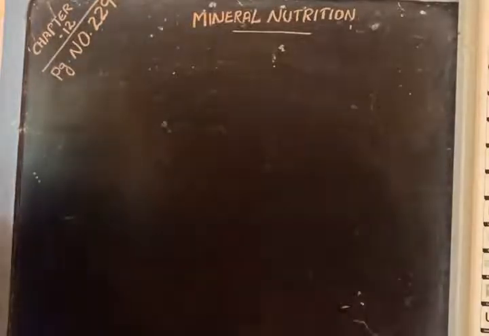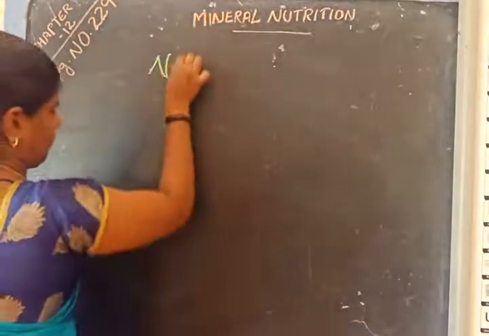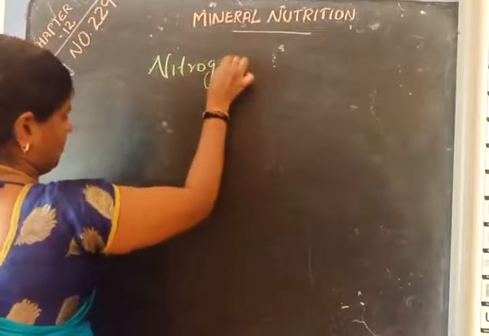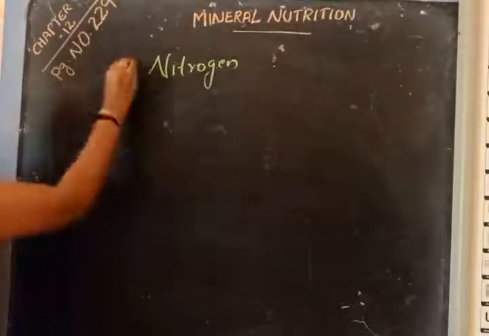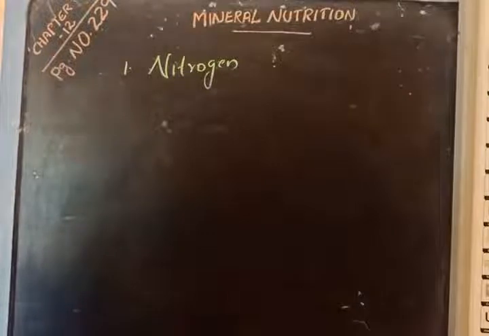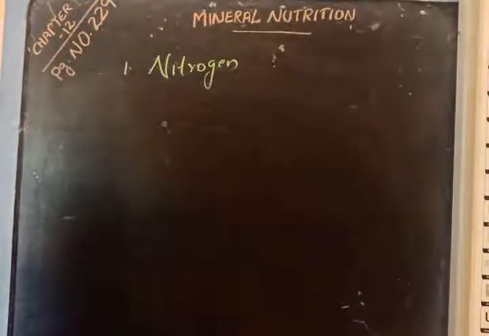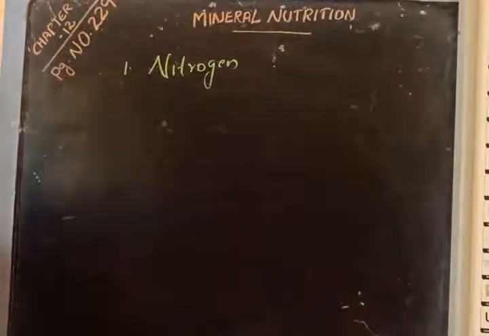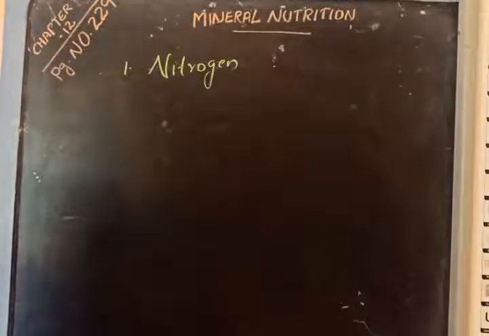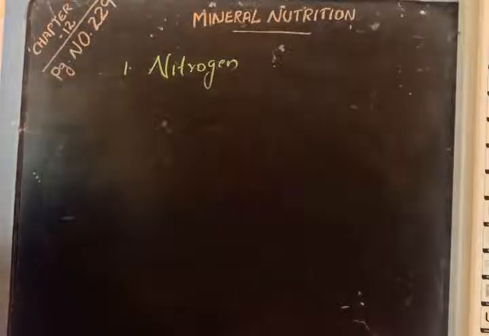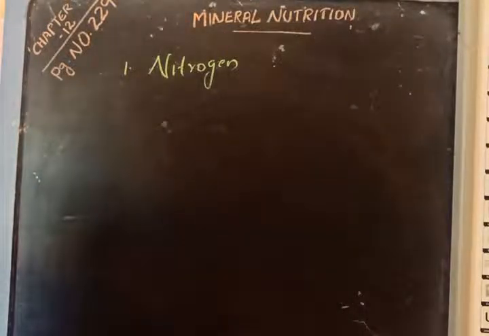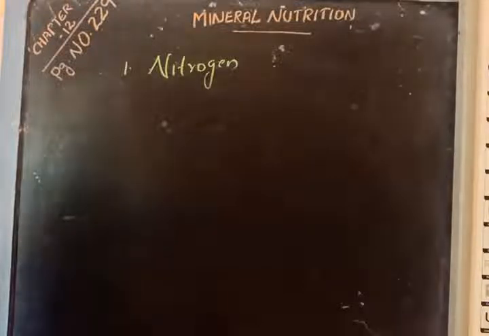First one, nitrogen. It is required by the plants in greatest amount. Almost all the functions are carried out using nitrogen, like the formation of DNA, protein and RNA.